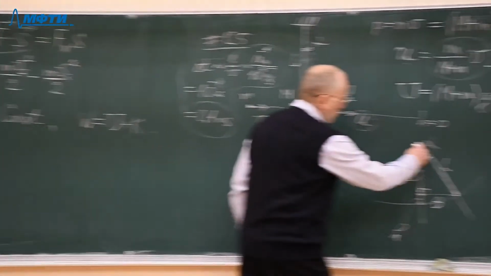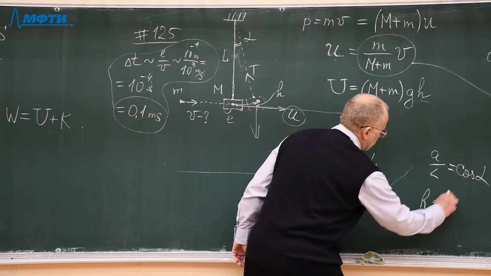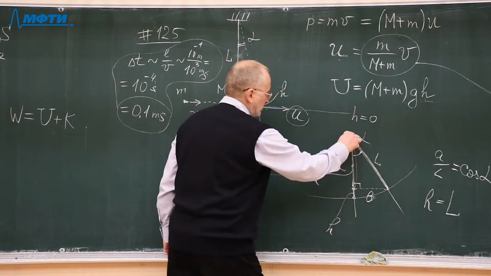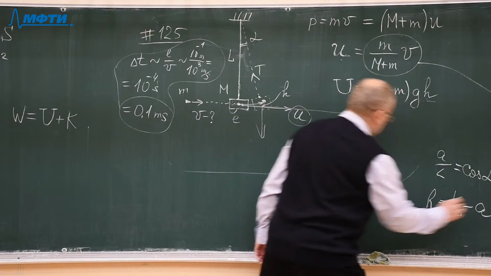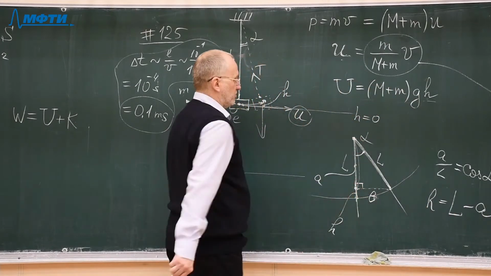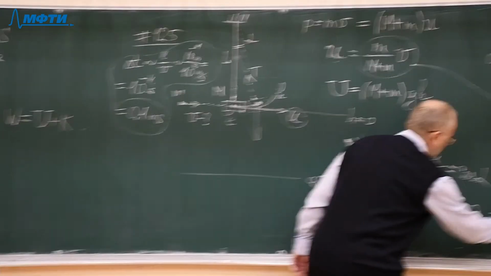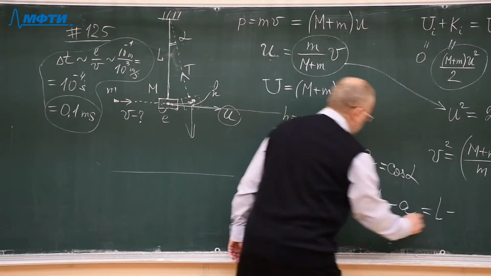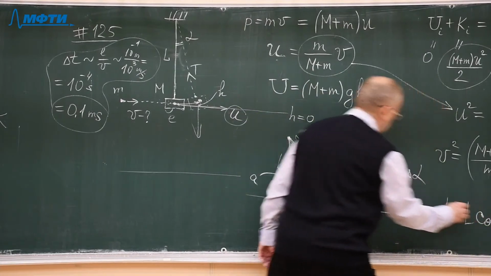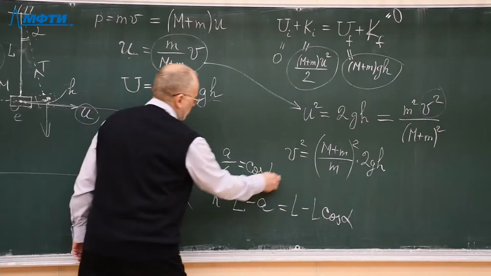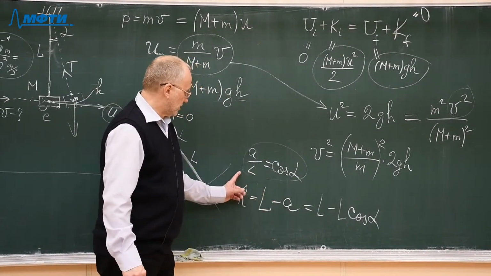If we know what is A, then we can easily calculate h. h is capital L, the whole length of the string, minus the vertical leg of this right triangle. So h can easily be calculated from here. This is capital L minus L cosine alpha, which I find from this equation.